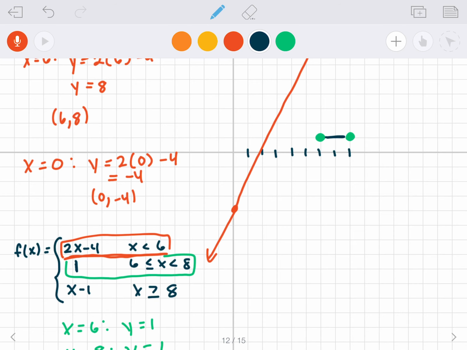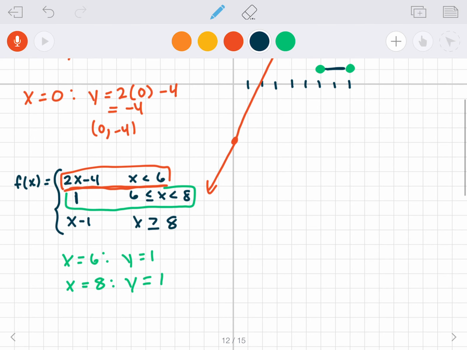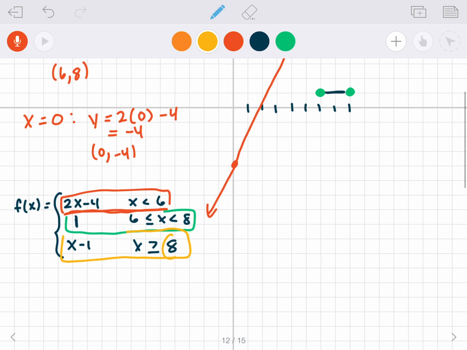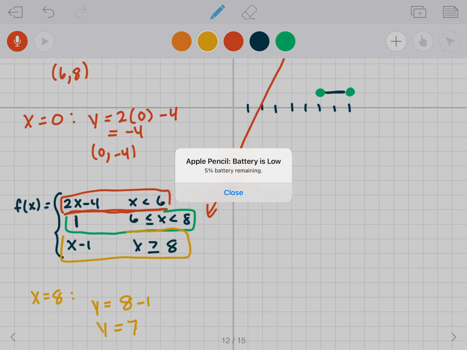And finally, we have one more piece to this. We have x minus 1 when x is bigger than or equal to 8. So I'm naturally going to plug 8 into my function here. So when x is equal to 8, y is going to be 8 minus 1, we get y equals 7 when x is 8.